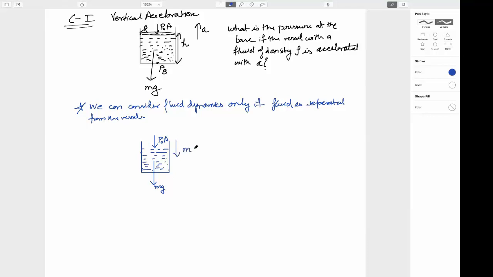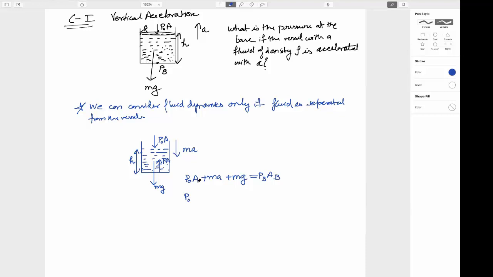So ma is also acting in this direction. Height H. So let's make a balance. P naught A plus ma plus mg is equal to the normal reaction, that is PB into AB.